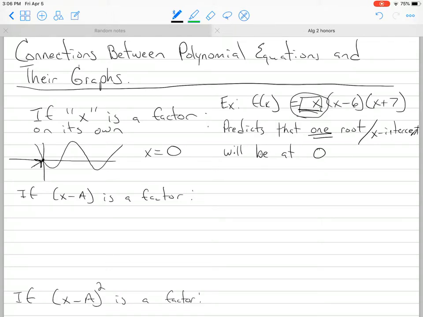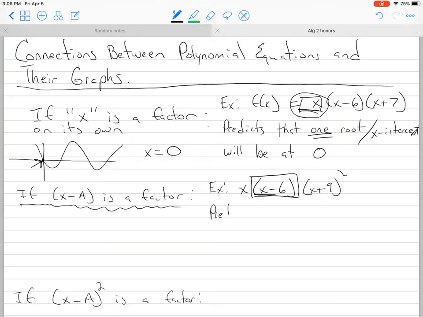All right, now what if x minus a is a factor? Similar example: if I have x times x minus 6 times x plus 9 squared, here's an x minus a term, with a being some number. That predicts that one root will be at a.